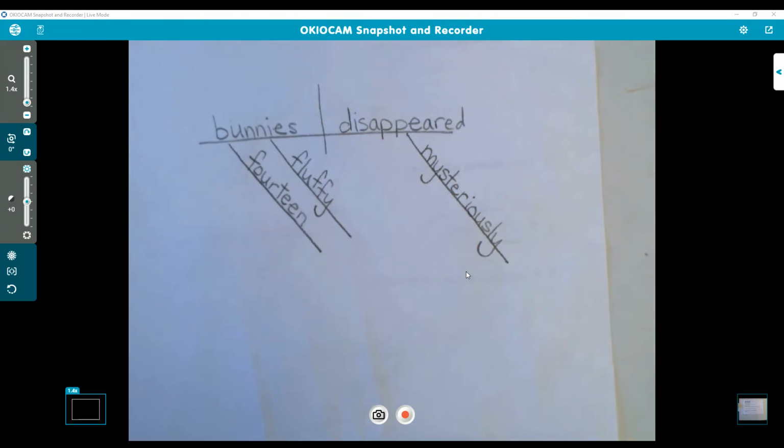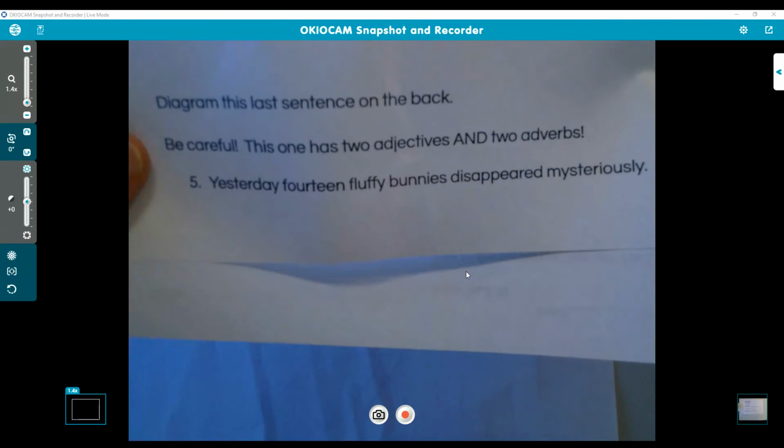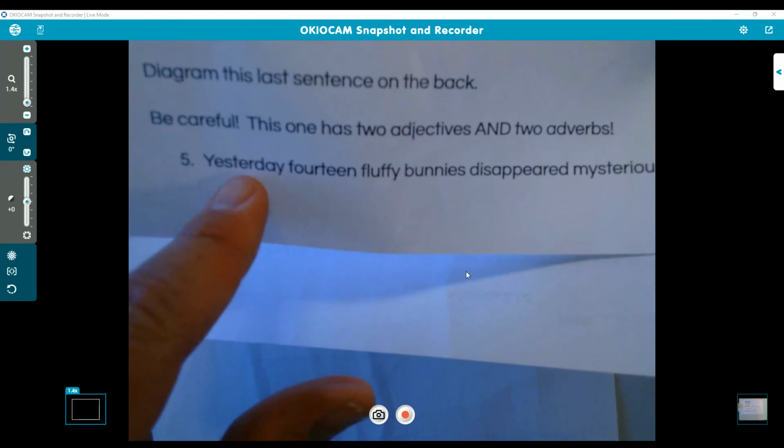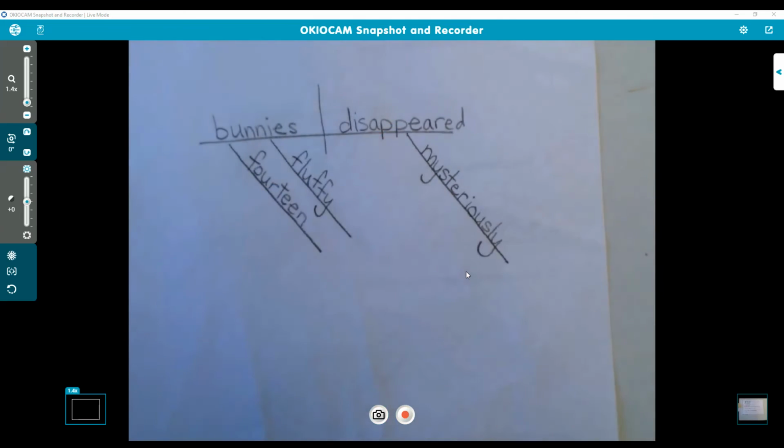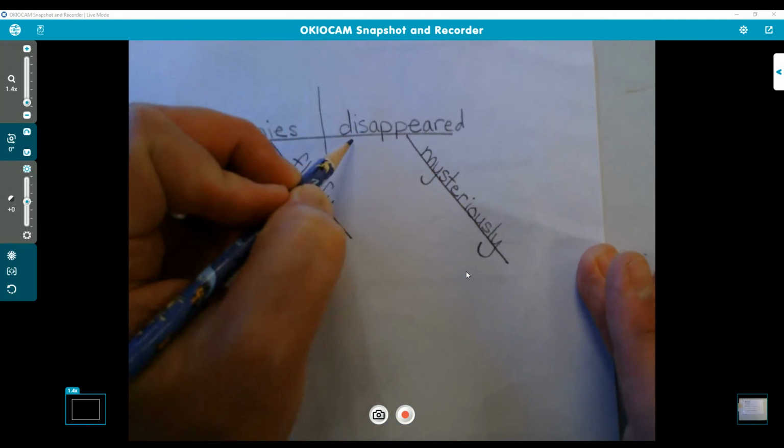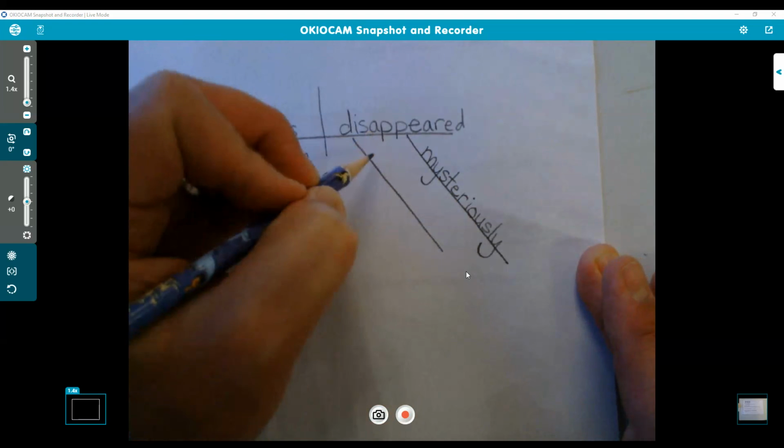Describing how they disappeared. Then, scholars, our last word to diagram in this sentence is the word yesterday. That's tricky, right? If you look here back at the sentence for a quick moment, right? Yesterday is the first word in the sentence, but yet it's going to be diagrammed under disappeared.